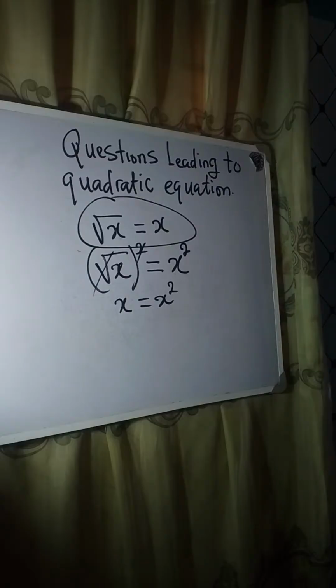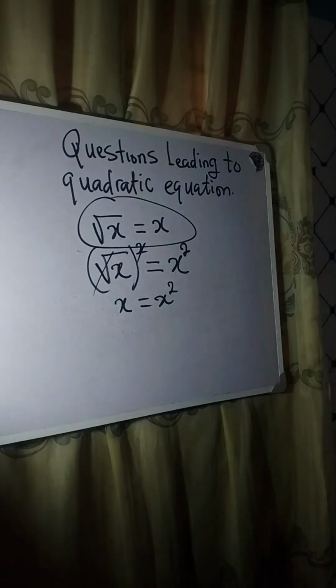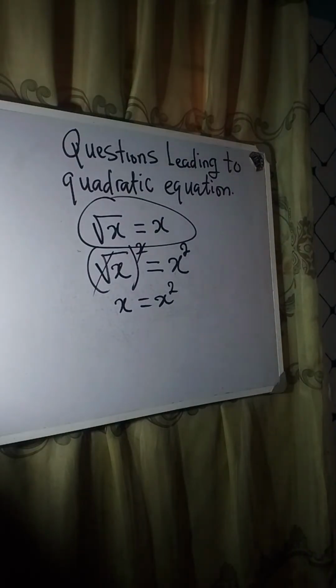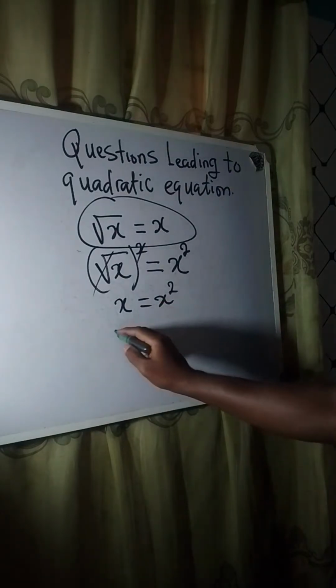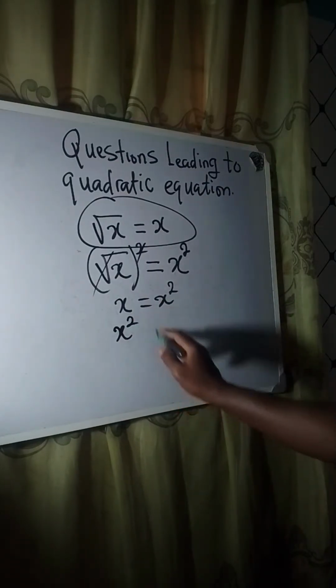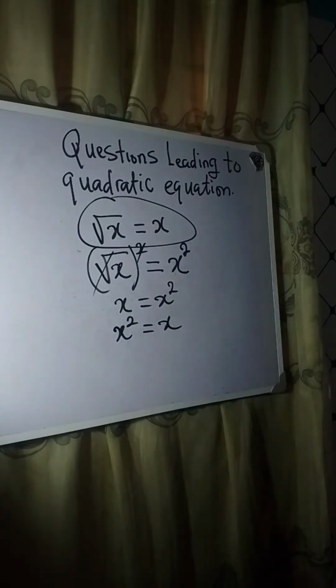And this is now a quadratic equation. Remember when I said that every quadratic equation has the highest power of 2. That x squared there is having the higher power, right? So we write x squared first if we must solve it, then we write x on the other side.